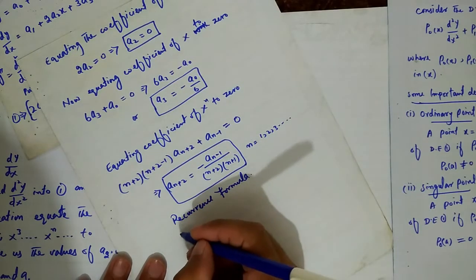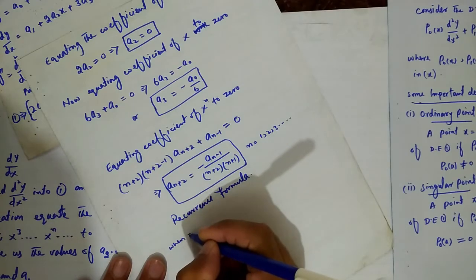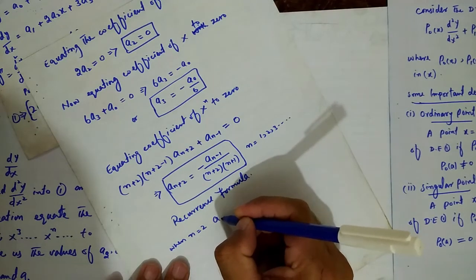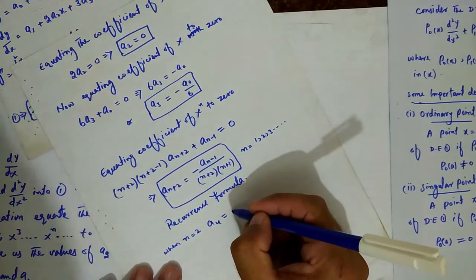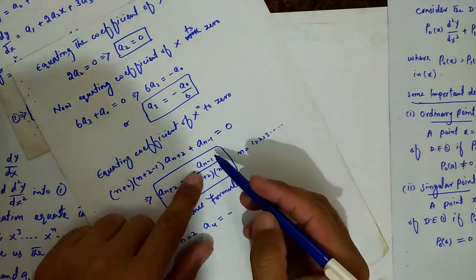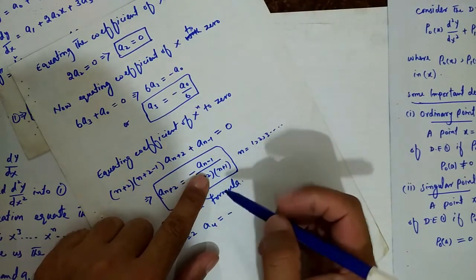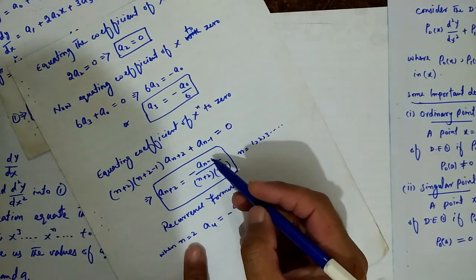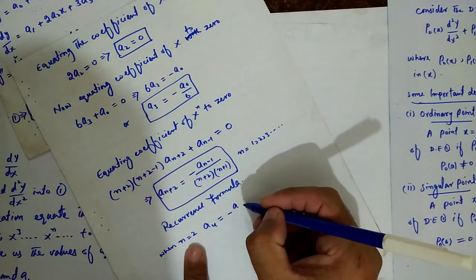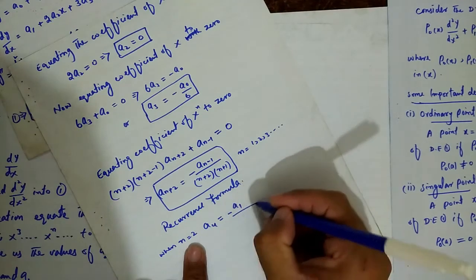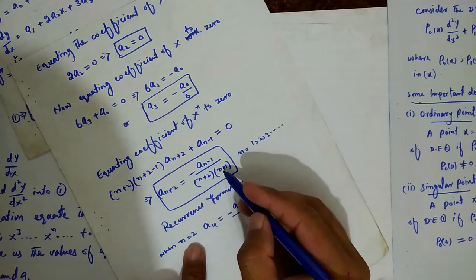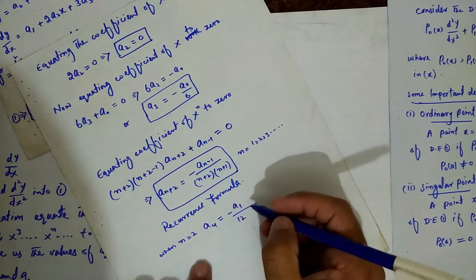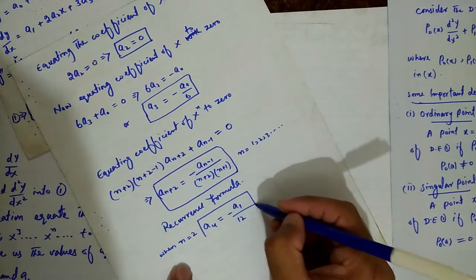For a4, when n is equal to 2, a4 is equal to minus, this will be 2 minus 1, a1 divided by 2 plus 2, 4, 4 times 3, 12. So this is now a4.